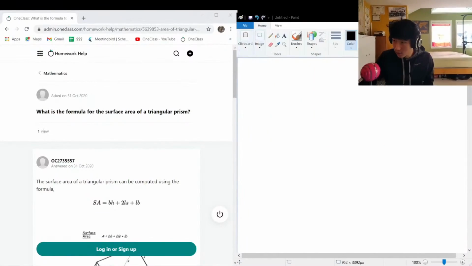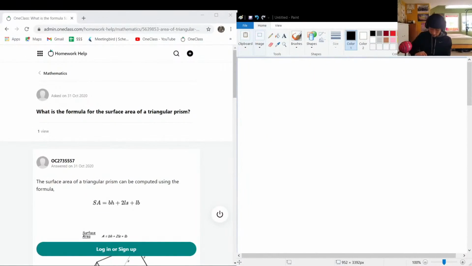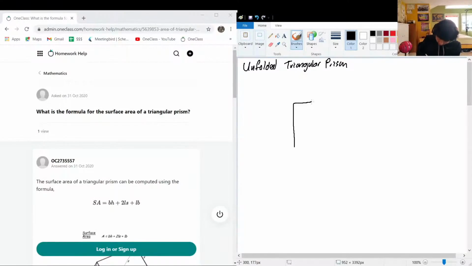So let me go back to the drawing. This is an unfolded triangular prism. We're going to have a couple of rectangles like this.